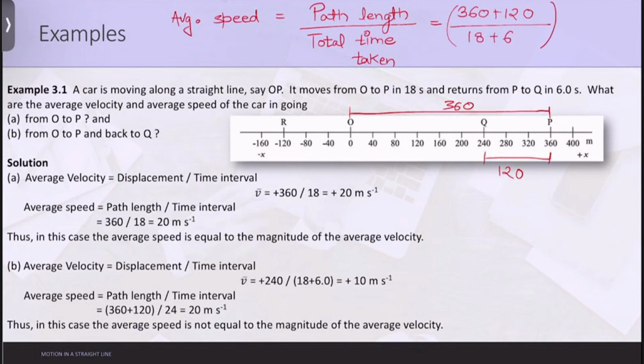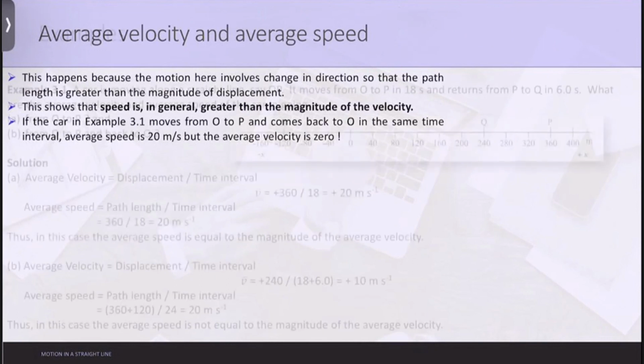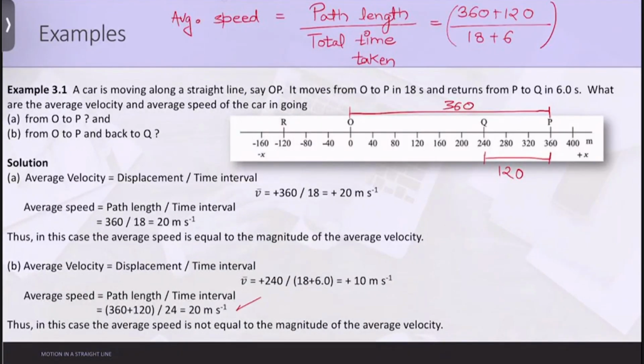Okay, because 18 is being required from O to P and 6 is required from P to Q. Therefore, this will be nothing but equal to 20 meter per second. So in this B example, you can see quite clearly that the average velocity is not equal to average speed. Average velocity came out to be 10 meter per second. Average speed came out to be 20 meter per second.